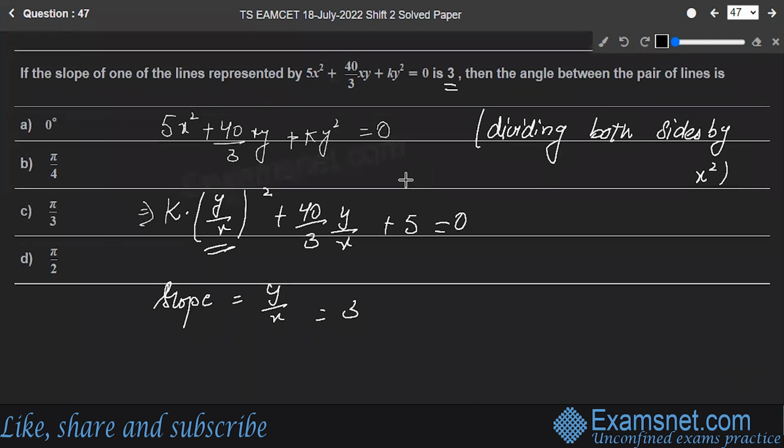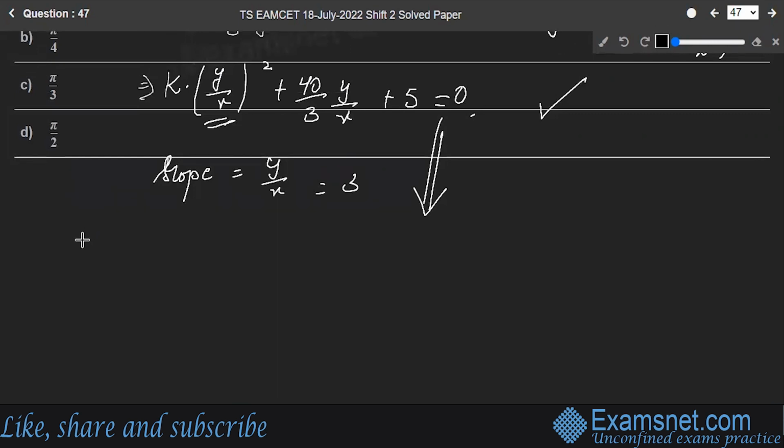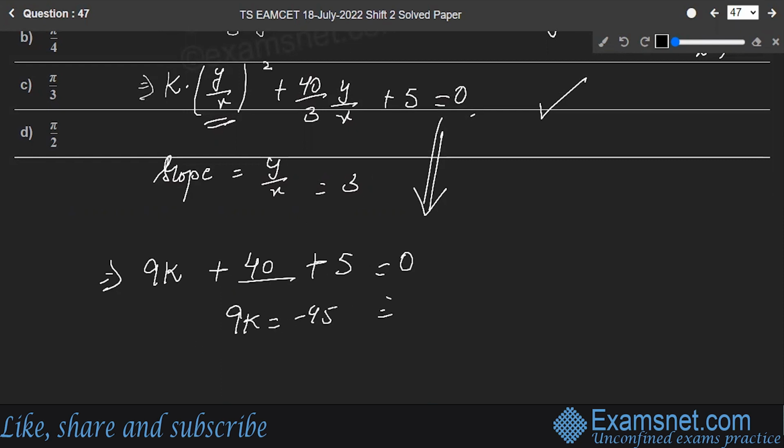Looking at that, this equation becomes 9k plus 40 plus 5 is equal to 0, which gives you 9k is equal to minus 45, or k is equal to minus 5.